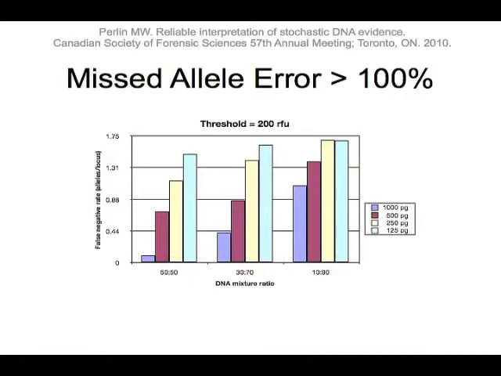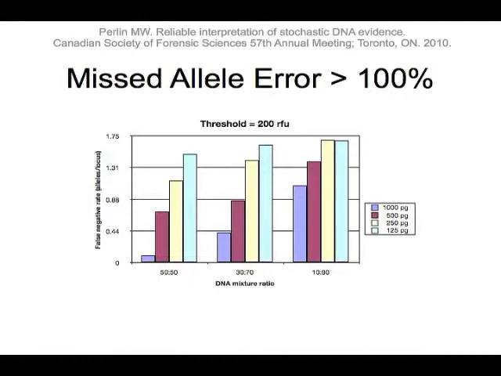You see that if it's a 90% mixture, over here on the left, then with the bars in order are going 1 nanogram, half, quarter, and eighth of a nanogram. But you only have a 10% error or so, a false negative, if it's a 90% mixture, all the way on the left, with 1 nanogram.